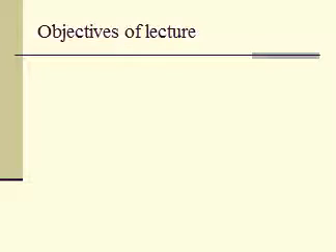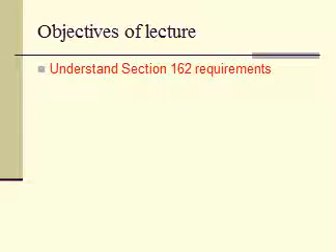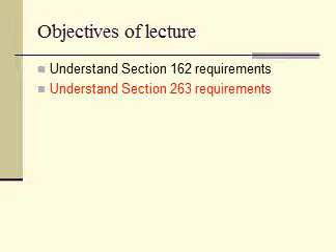The objectives of this lecture are to understand the basic rules for characterizing website development costs as currently deductible Section 162 ordinary and necessary business expenses. Understand the basic rules for characterizing website development costs as Section 263 capitalized costs.